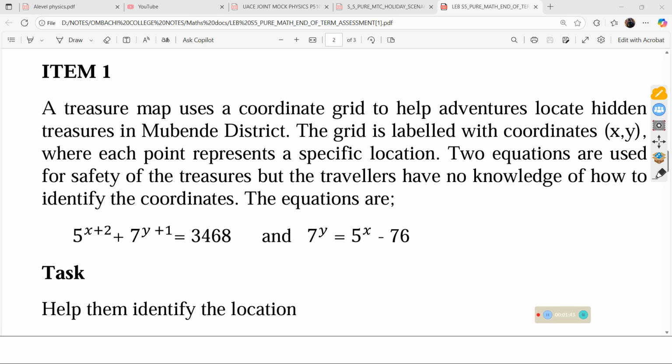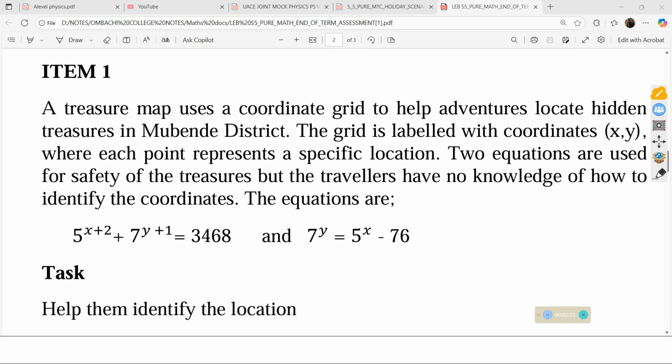You are given these 2 equations, and our task is to help them identify the location. To identify the location, we shall help them obtain the coordinates for the grid, given in the form of x and y. So our interest will be to obtain the values of x and y from these given equations.